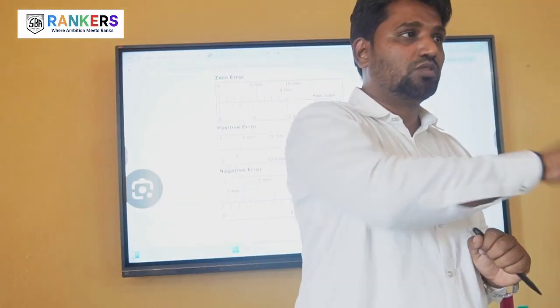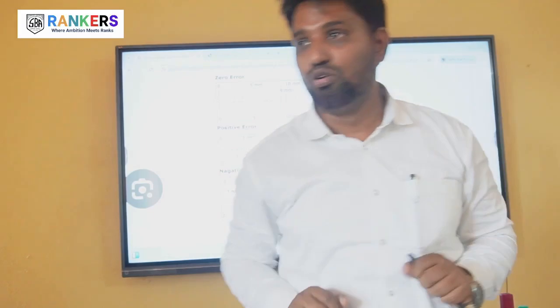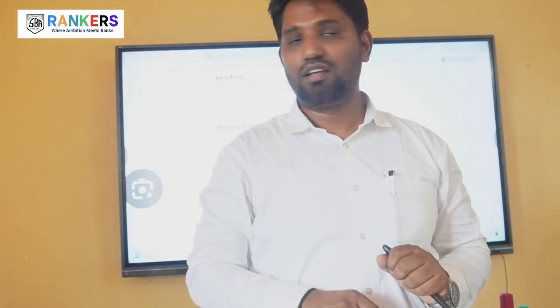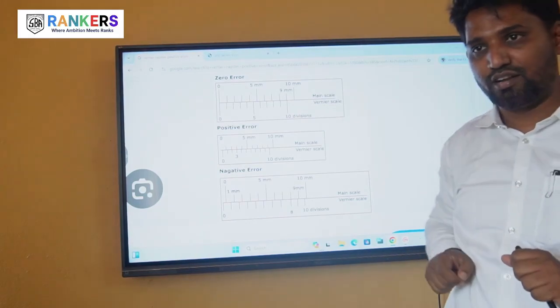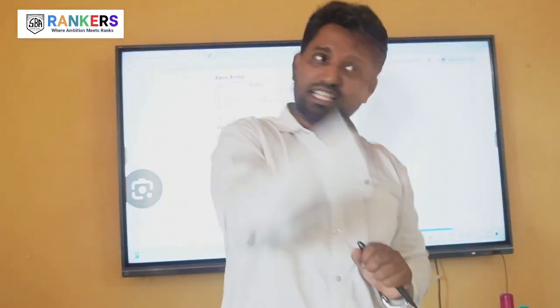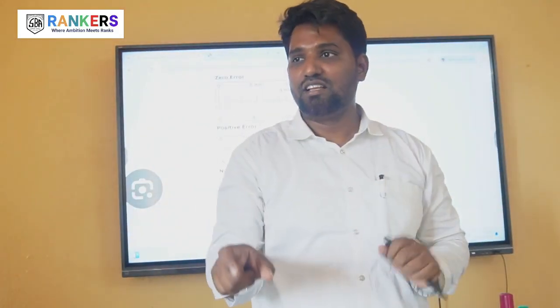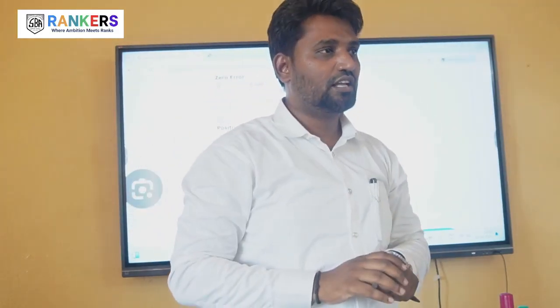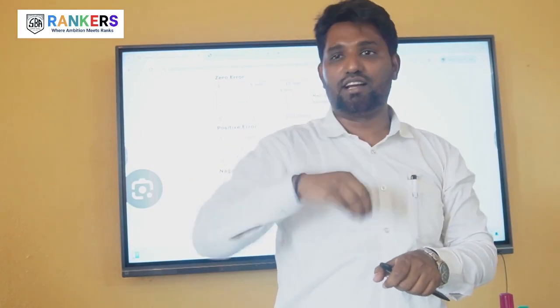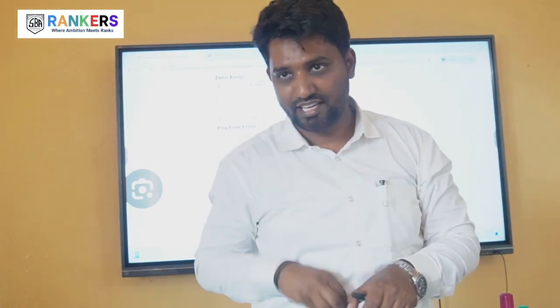Correct value means the value you calculate now is not a correct value because some error is present, and that is why we calculate the positive error or negative error. After calculating this error, you minus it from your actual value. Then your answer is the accurate value. Clear? So that is the reason we calculate the error, positive or negative, from the apparatus.